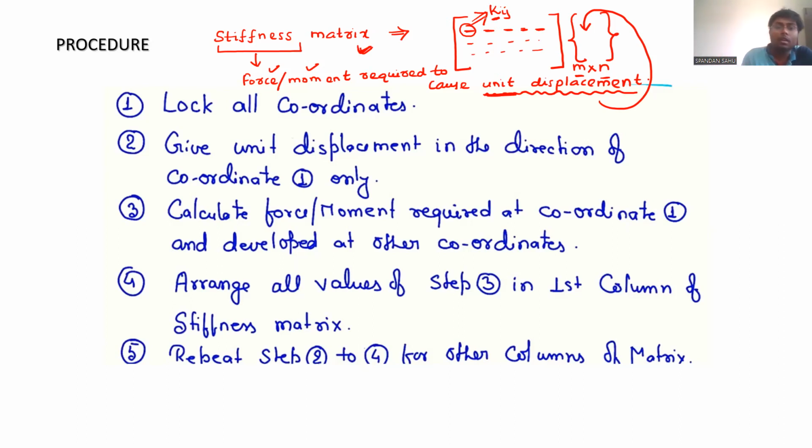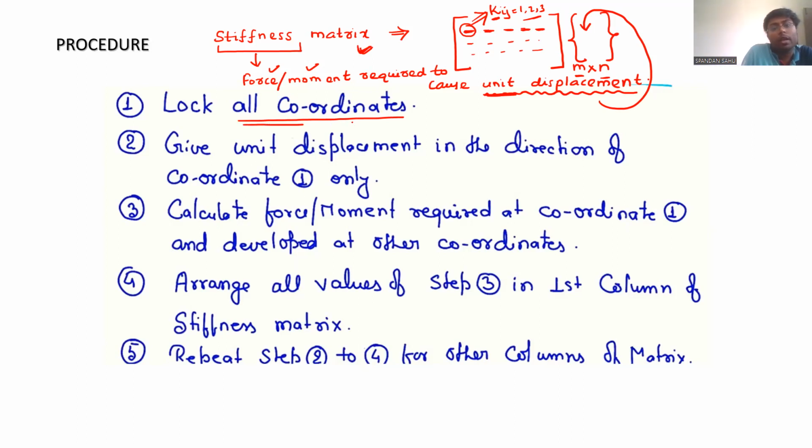So, coming to the procedure, in writing the stiffness matrix or in ascertaining all those components of the stiffness matrix, those Kij, where i and j can take values 1, 2, 3, those are subscripts and those represent coordinates. So first step is to log all those coordinates.